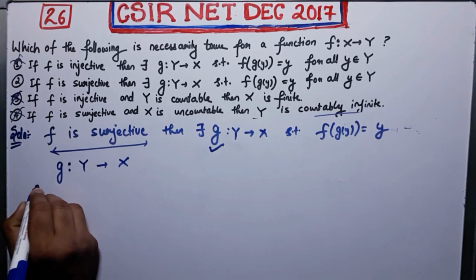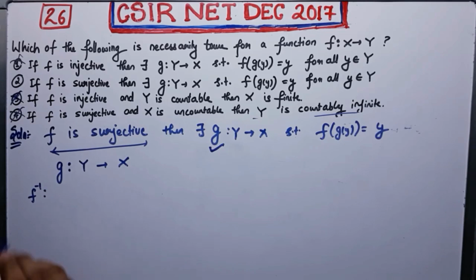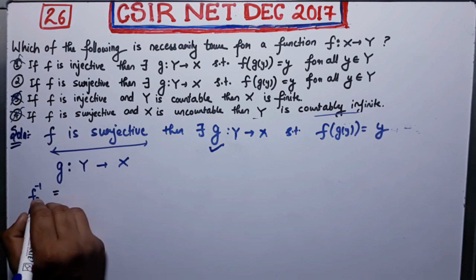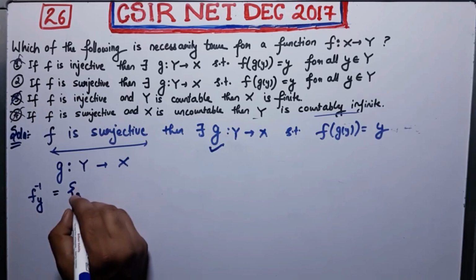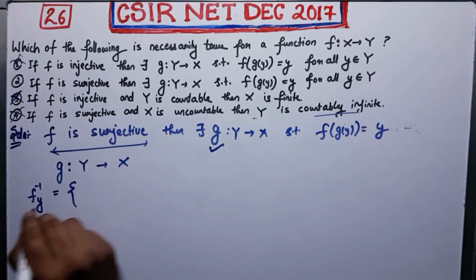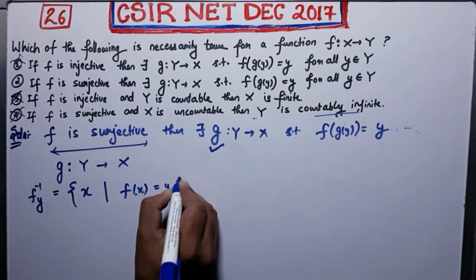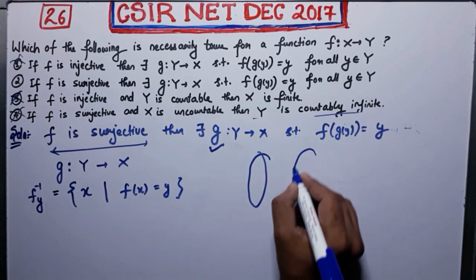Now I will denote the set f inverse of y as all those x such that f(x) is equal to y. So f inverse of y is actually a set of pre-images.